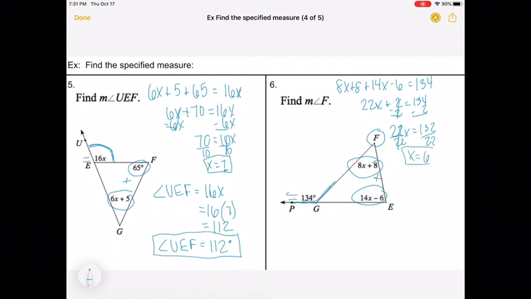X equals 6. Okay, so we have that part. And now I just need to plug in for angle F. So again, be specific in writing out. So angle F equals 8x plus 8. Well, now I'm going to substitute in because I have x. So that's 8 times 6 plus 8. Simplify that out. Angle F equals 56 degrees.